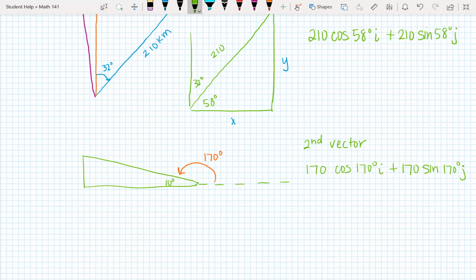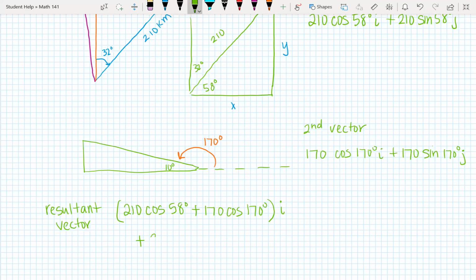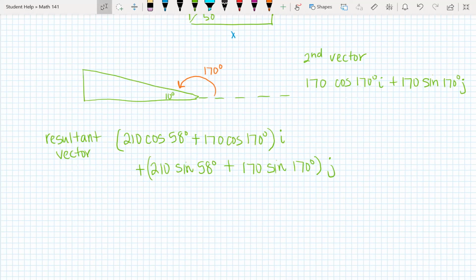The resultant vector will be 210 cosine 58 degrees plus 170 times the cosine of 170 degrees, i, plus, on the second line here, 210 times the sine of 58 degrees plus 170 times the sine of 170 degrees, j. And then we'll plug that whole thing into the calculator.